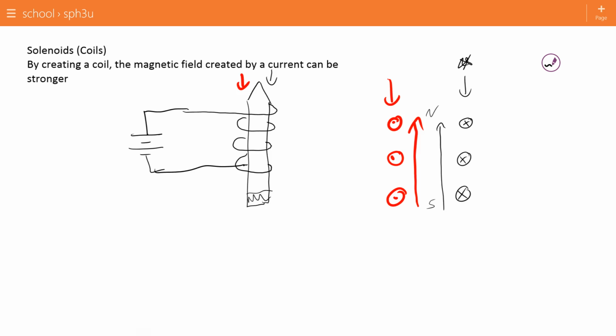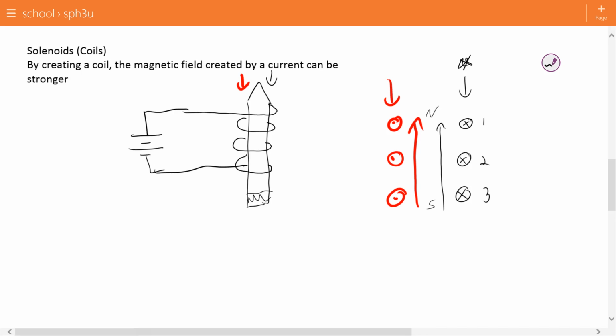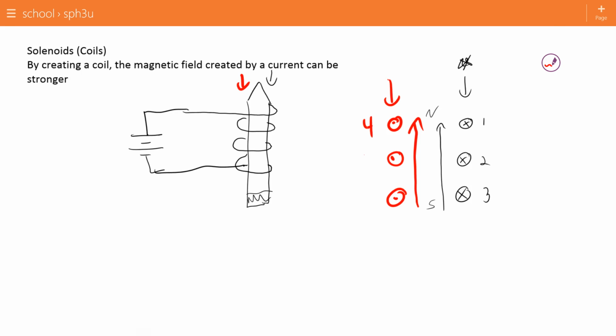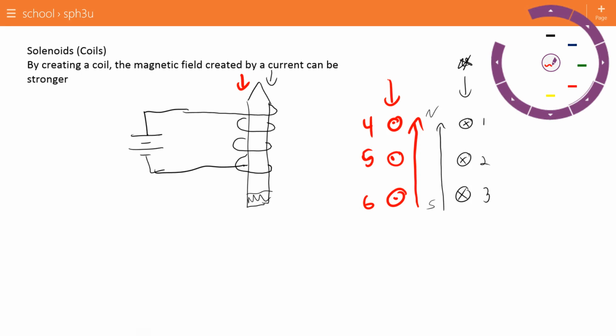That shows us why creating a coil, which has the fancy name in magnetism of a solenoid, can create a very strong magnetic field. Because you notice here on the right you'll have 1, 2, 3 things working together to create a magnetic field, and here on the left you'll have 4, 5, 6, and all of those magnetic fields are pointed in the same direction.